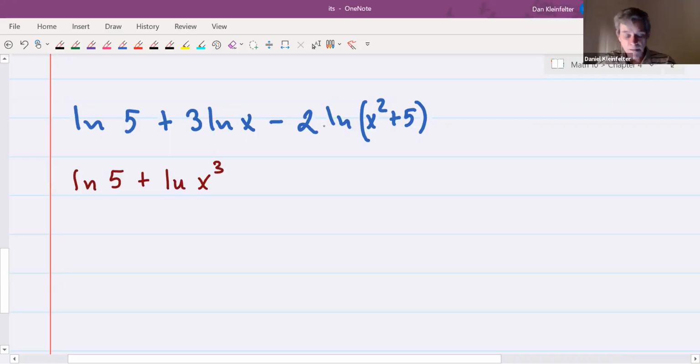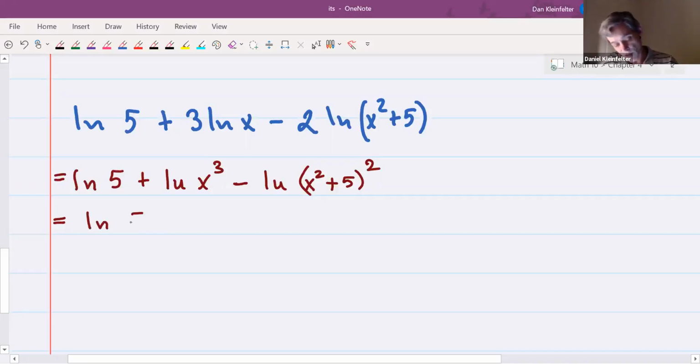And you know what? I probably need to get rid of this negative 2, or this 2 also. So we'll keep the minus, and we'll call that natural log of (x squared plus 5) squared. All right, so now for the first two terms, we can combine those into a single log of a product.